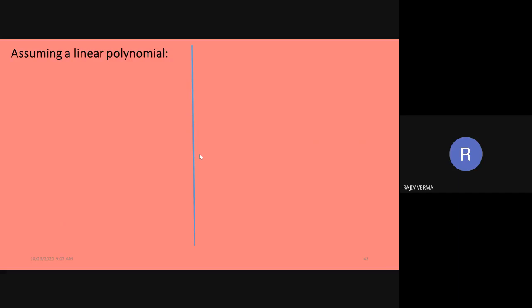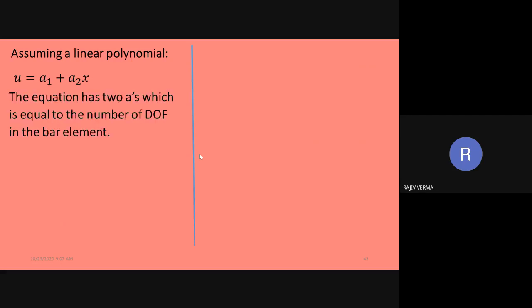And the simplest polynomial, of course, is a linear polynomial given by the expression u is equal to a1 plus a2x. In this, a1 and a2 are the two unknowns. So a linear polynomial has 2 degrees of freedom given by a1 and a2.